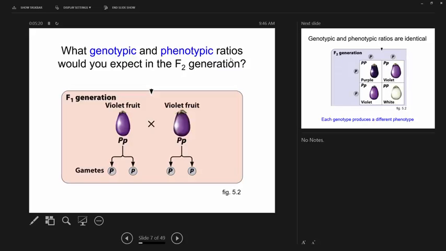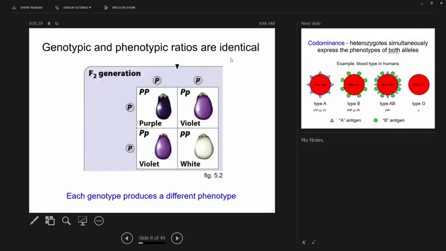So when we cross these guys, they both give the same kind of alleles. You can have a big P or a little p, and you're going to get your 1 to 2 to 1 genotype ratio, but you're also going to get a 1 to 2 to 1 phenotype ratio. So when you do a monohybrid cross like this with only one gene involved, you can tell whether there's complete dominance or incomplete dominance by looking at the progeny when you cross two heterozygotes.